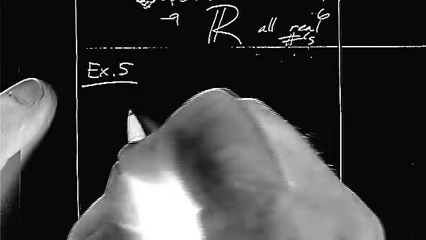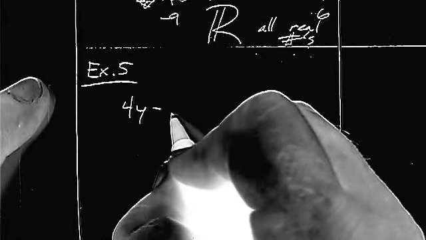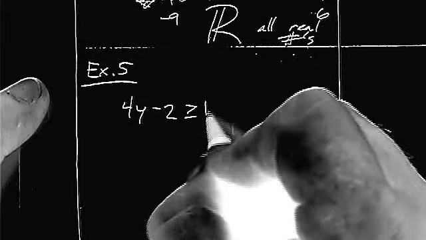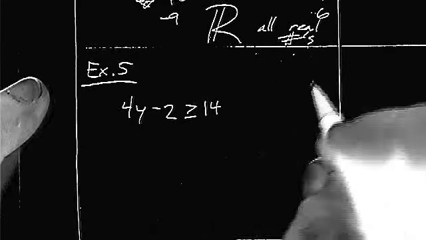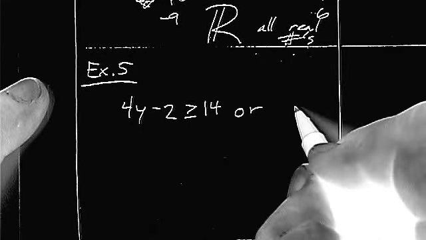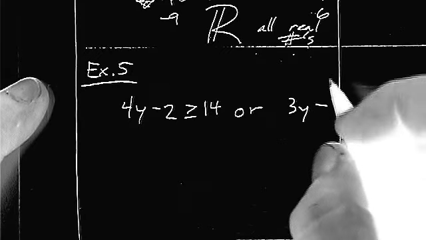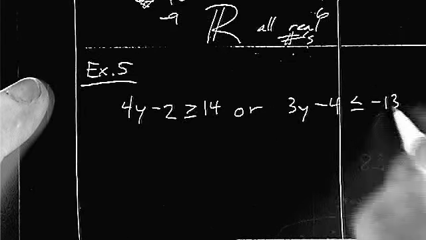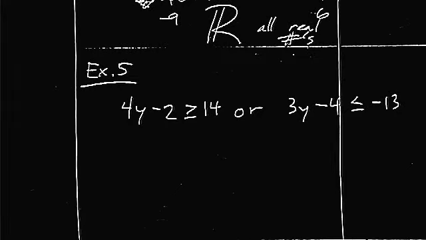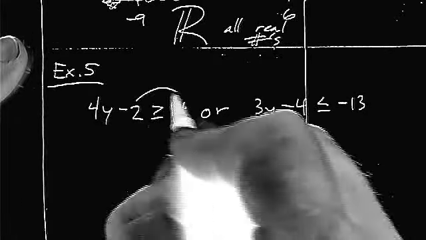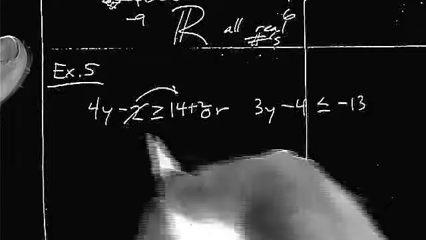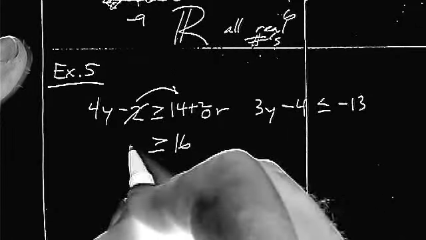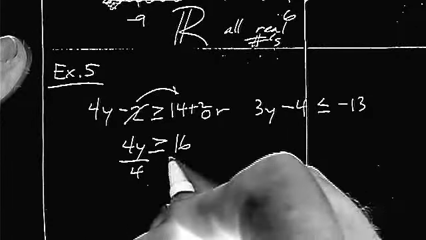Okay? Example 5. So we want to graph this. And so, of course, I'm adding the 2 over to that side, giving myself 16, and I'm dividing by positive 4.